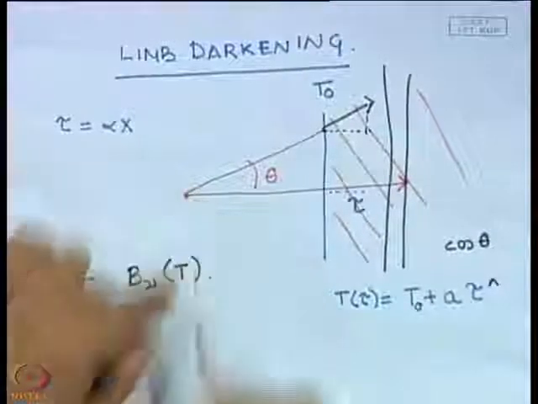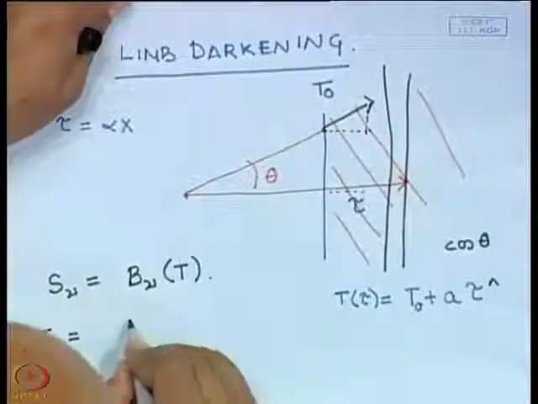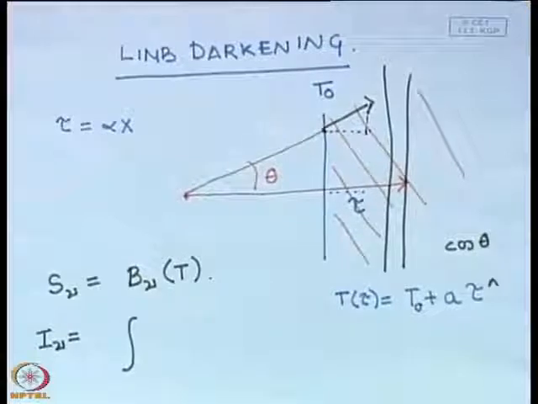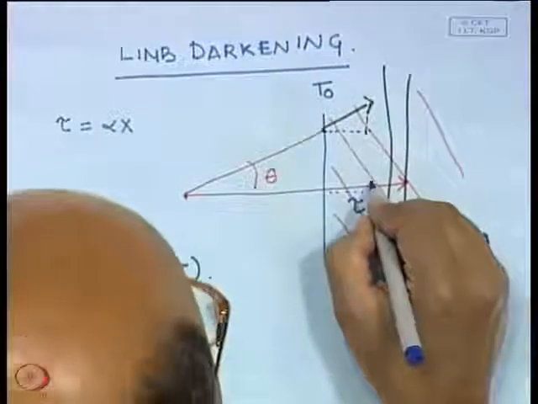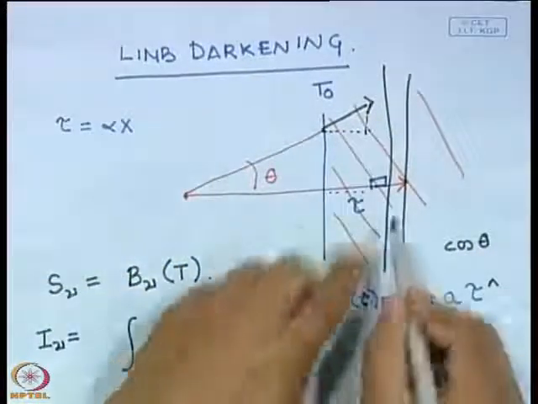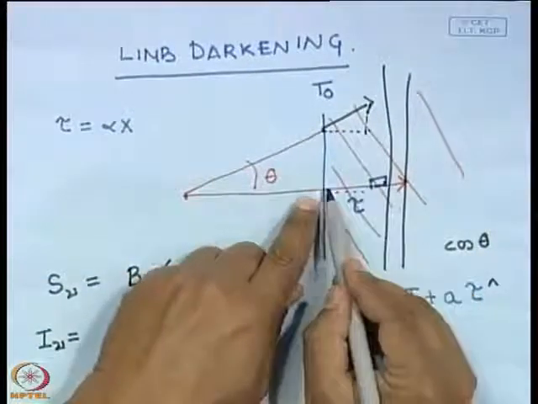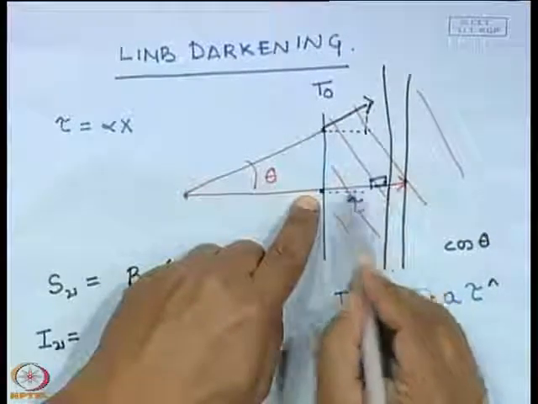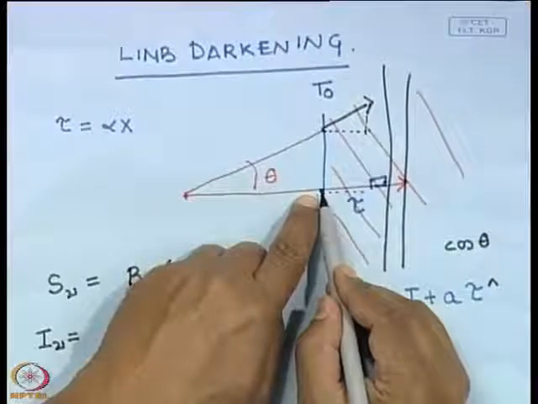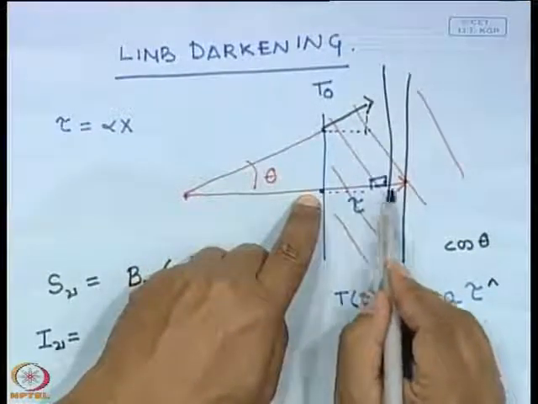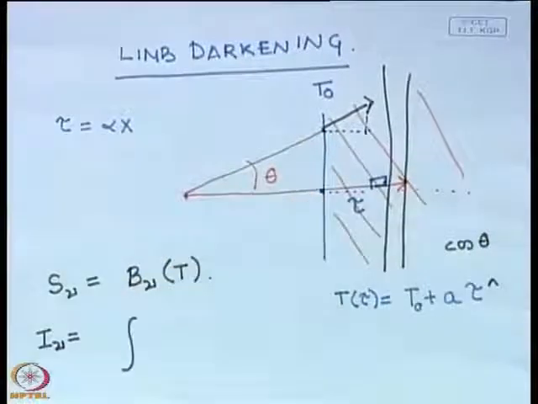So we can straight away write down the solution, and the solution we know is I nu at this point equal to, so what is the solution? We have to take the contribution from each element over here, and the radiation from here when it propagates to here will be attenuated by a factor e to the power minus tau. That is the main thing, and you have to add up the contribution from all such elements as you go in.